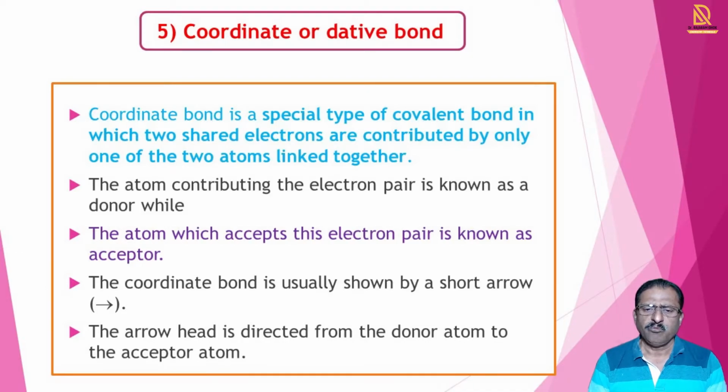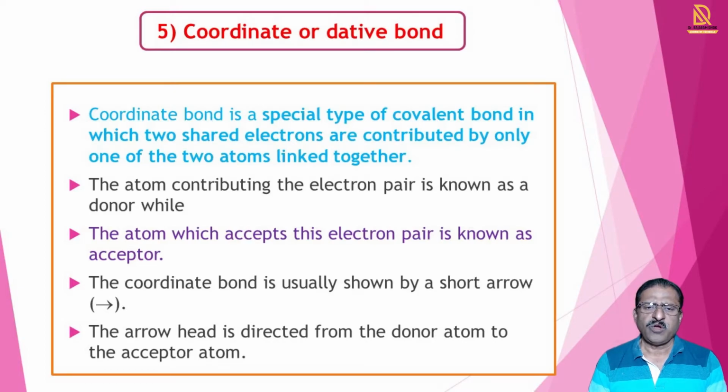At that time, the metal is electron deficient and it accepts electrons from the ligand. The atom contributing the electron pair is known as the donor atom, while the atom which accepts this electron pair is known as the acceptor. A coordinate bond is usually shown by a pointed arrow, and this arrow is directed from the donor atom to the acceptor atom.